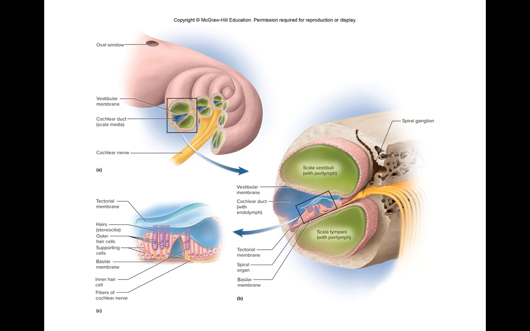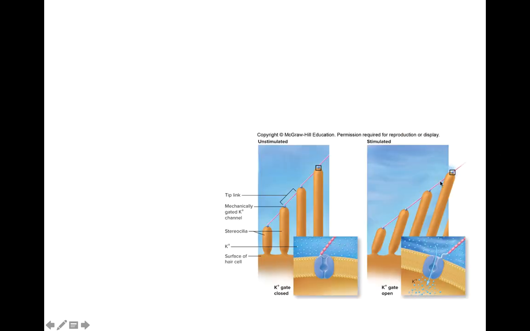When energy comes through here, it is going to cause this membrane right here, the basilar membrane, to vibrate, and it's going to push these hair cells up into the tectorial membrane, and it's going to cause them to bend. So here they are in their normal state, and then when they are pushed up against that fairly solid tectorial membrane, they're going to bend.